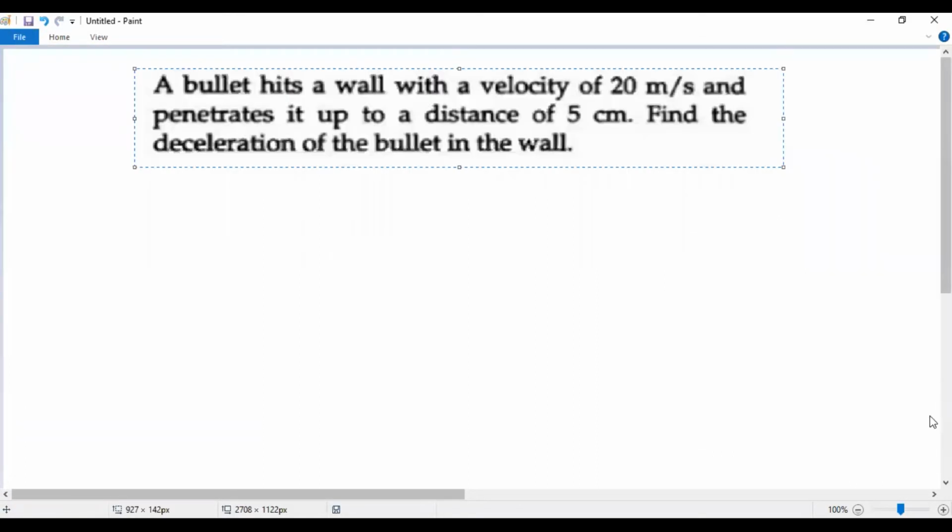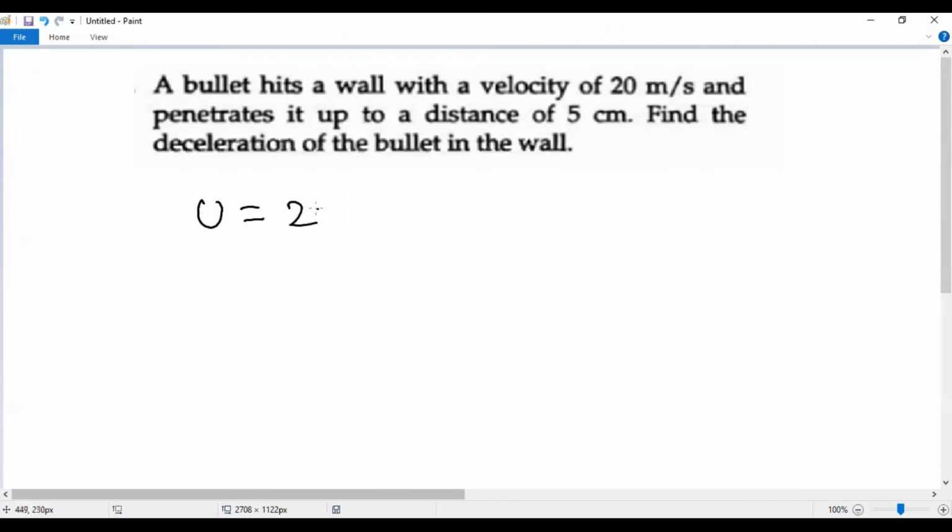So the next problem is: a bullet hits a wall with a velocity of 20 meter per second and penetrates it up to a distance of 5 centimeter. Find the deceleration of the bullet. We can write u is equal to 20 meter per second, and the distance is given as 5 centimeter, and we have to convert it into meter.